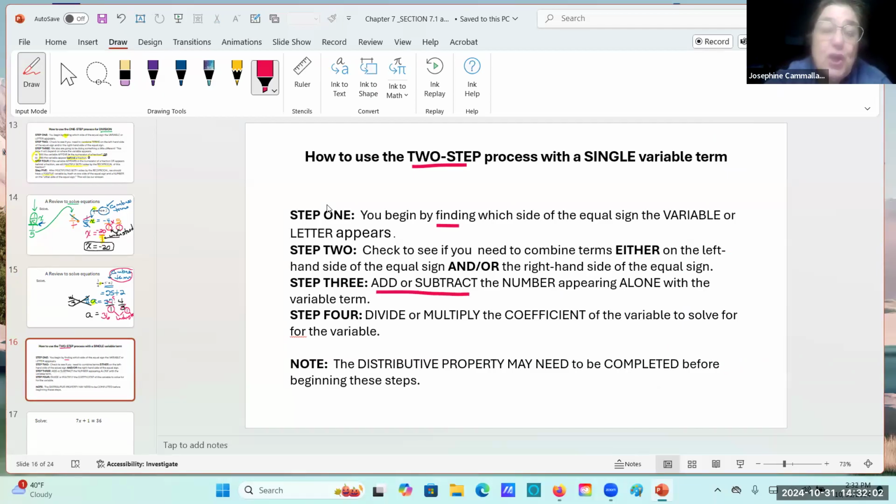We add or subtract the number, the coefficient is not leaving. Those one steps that we bring them together, but do the numbers. Then occasionally we're going to be dealing with the distributive property, but we're going to talk more about that when we go to 7.3. But I want to introduce you to that.